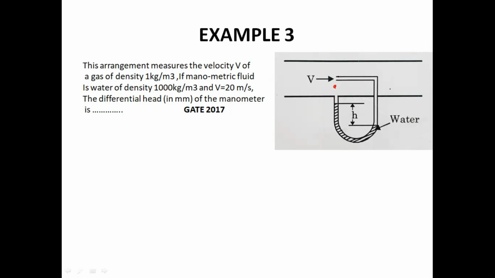So one pitot-type tube is given here, a pitot tube. This velocity is coming here and it becomes 0. Velocity becomes 0 here, so the total dynamic head is converted into the pressure head. The total velocity head is converted into the pressure head in this case.